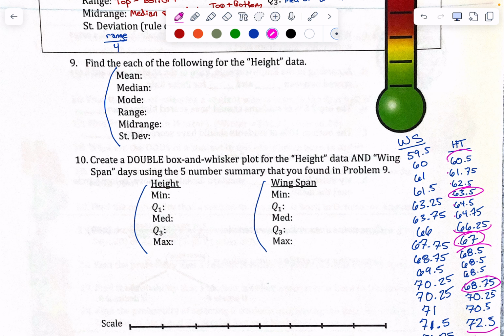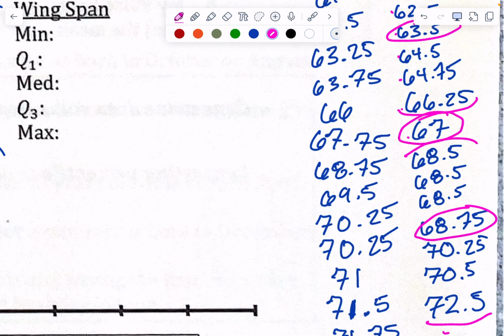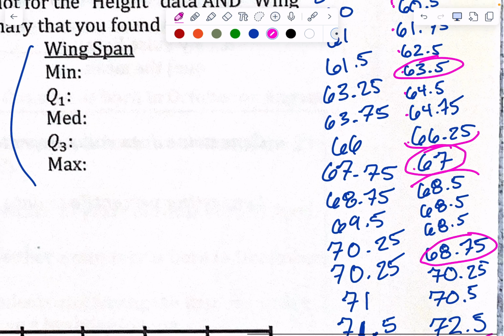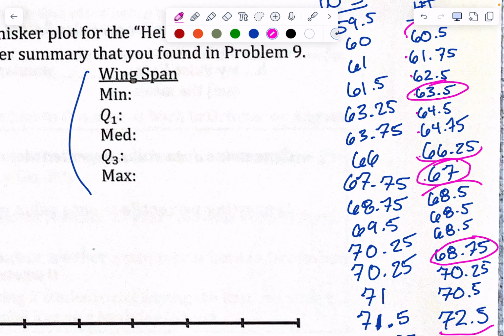I don't know. The 68.75 is the Q3. 67 is my median, right? Yep. That'll do it.